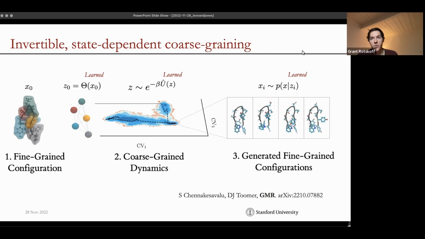We'll start with data from MD, in principle a very small amount. Then we'll build this representation, simultaneously learn a potential energy, build the inversion, and feed that inverted data back in at the beginning. So this closes the loop, as I was saying before.